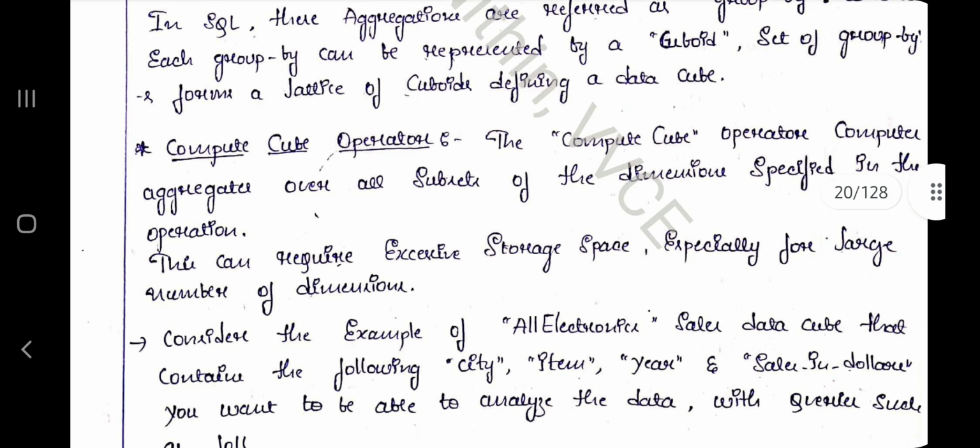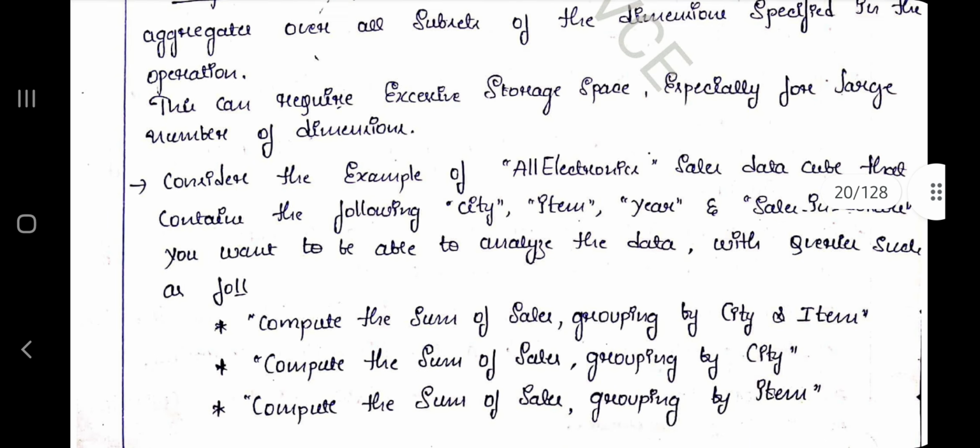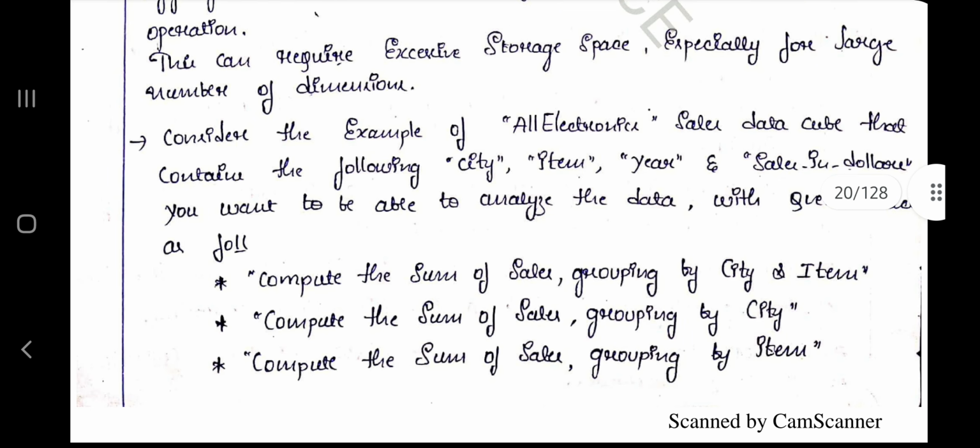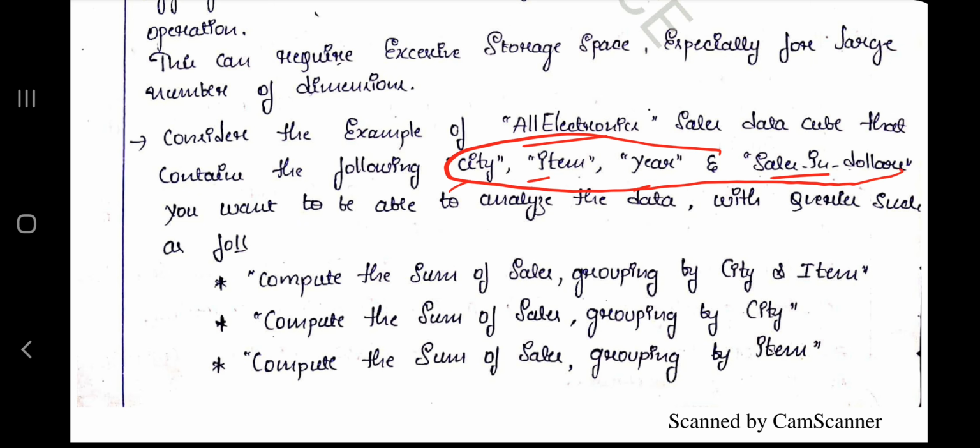The first thing is on what criteria we will be using the computation. Firstly we'll have to consider what dimensions we are going to consider. For example, AllElectronics is a data warehouse. In that there are 4 things: city, item, year, and sales in dollars. Which of these, if we consider them, will give us the best results?